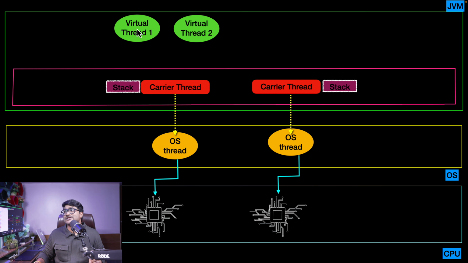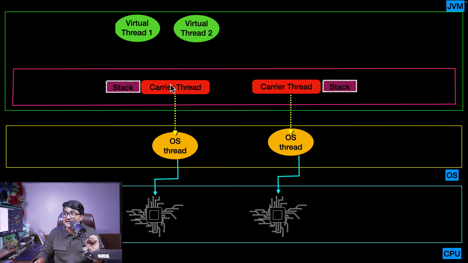The JVM will say, okay, I know you are doing some work, so continue doing it. So I'll free up this carrier thread, because using one carrier thread, I can only run one virtual thread on top of it. There are so many other virtual threads we might have, so I will give this carrier thread to somebody else. Obviously, another virtual thread will be assigned to this carrier thread if it wants to run, because this carrier thread is right now freed up.